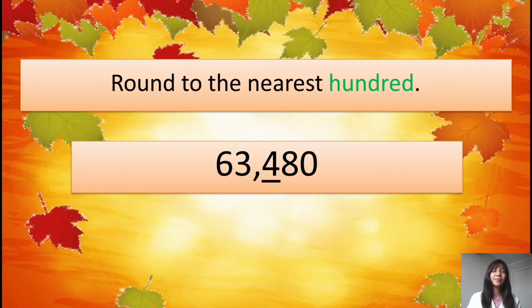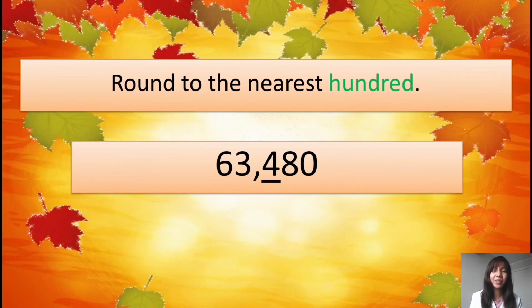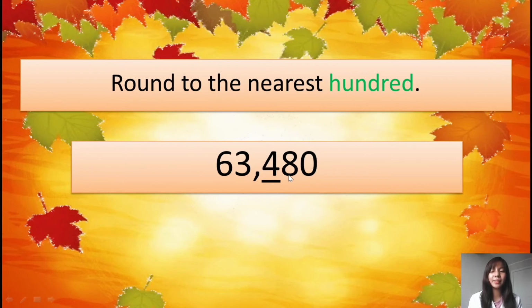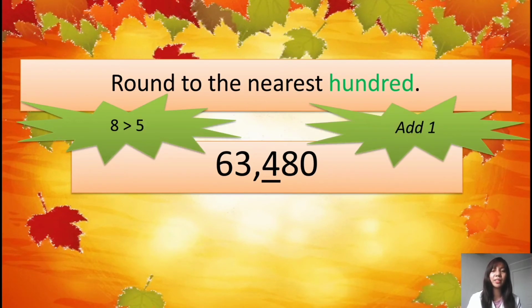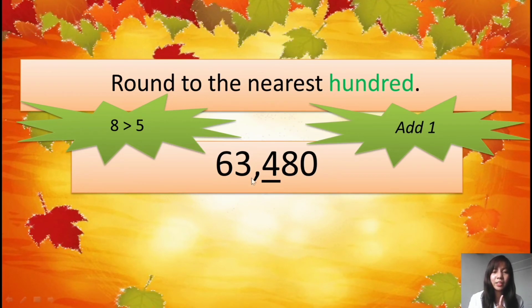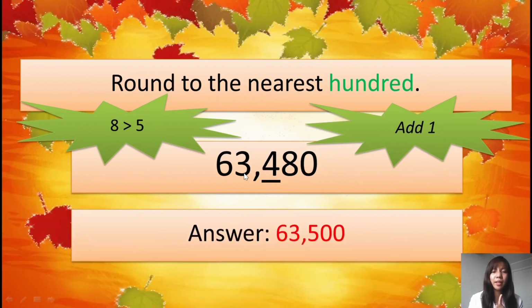Alright? Next, round to the nearest 100. So we have an underlined number 4. So look to the next number. It's 8. So 8 is greater than 5. So it follows that we have to add 1. Alright. So again, all the digits before the underlined number 4, you just have to copy.